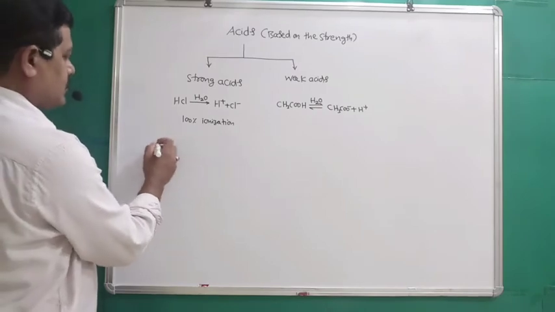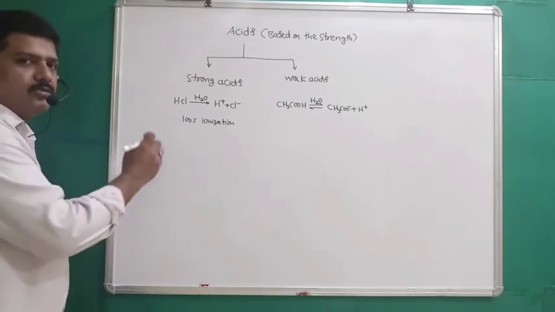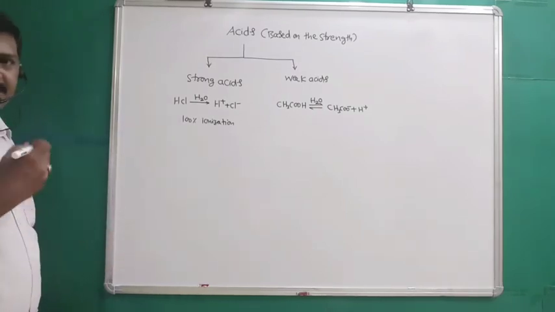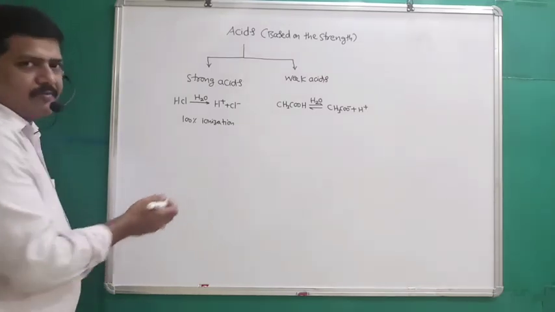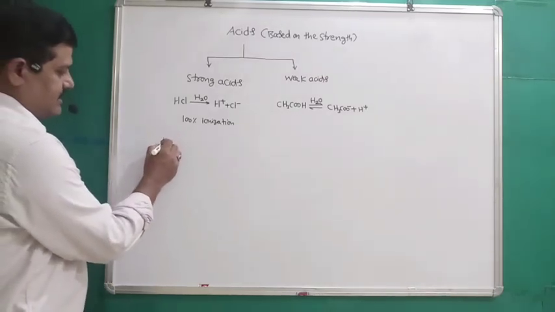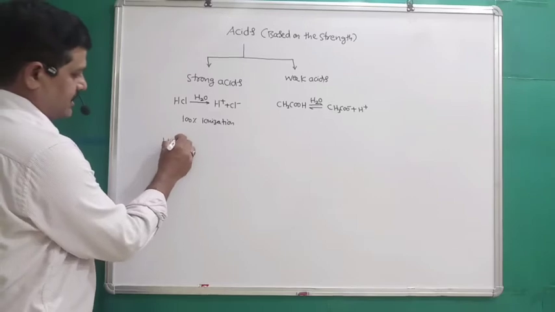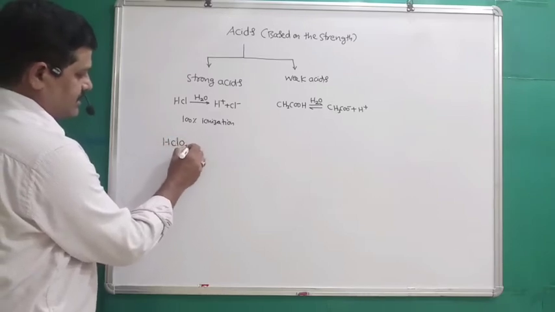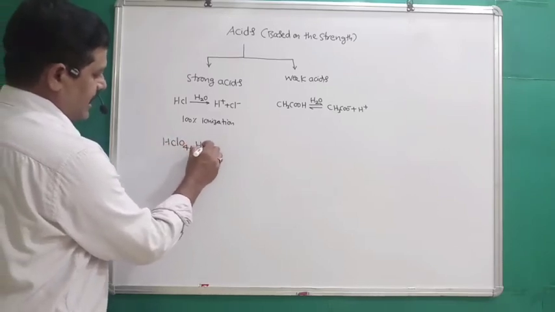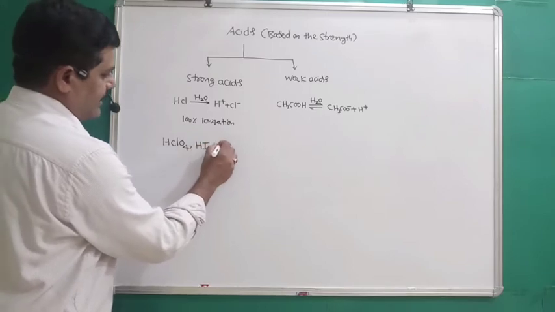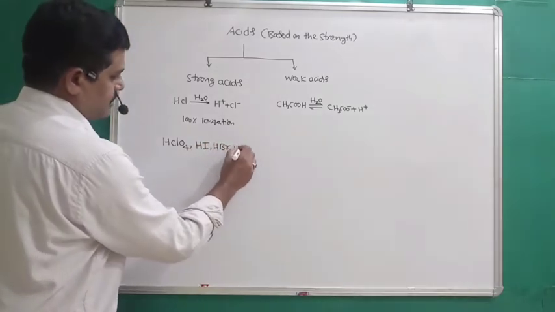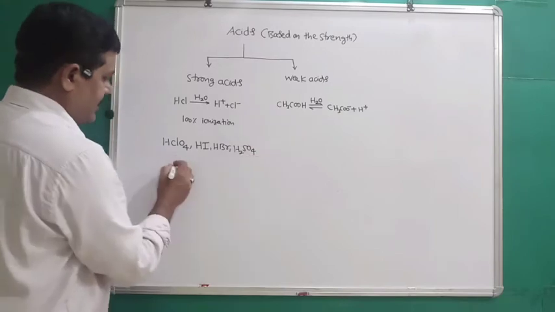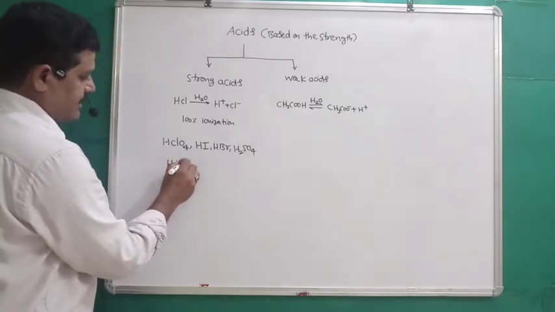So, how to know whether the given acid is strong or weak? It is very easy. You can memorize this list of 6 acids: perchloric acid, hydroiodic, hydrobromic, sulfuric, hydrochloric, nitric acid.